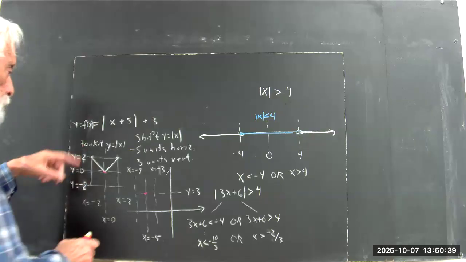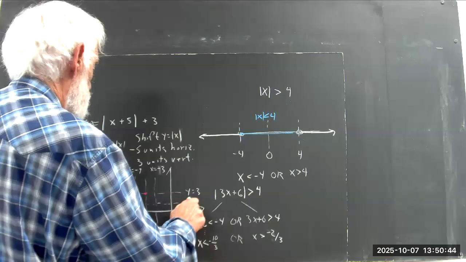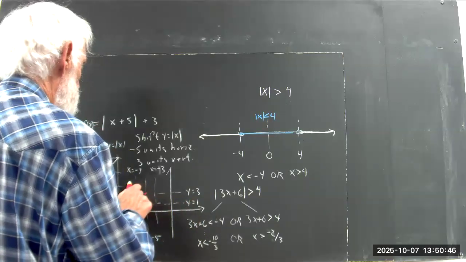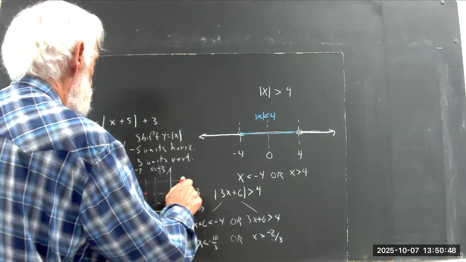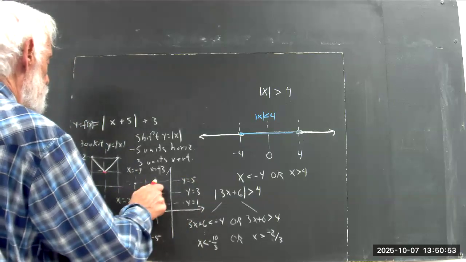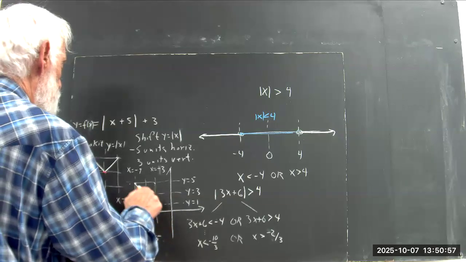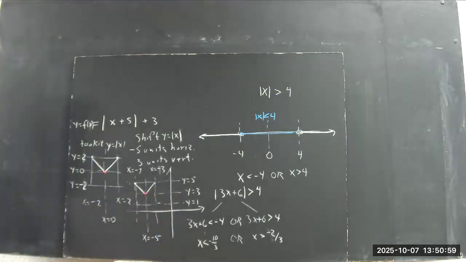And you go 2 units below and 2 units above, you get y equals 1 and y equals 5. And here's your window. There's your graph.